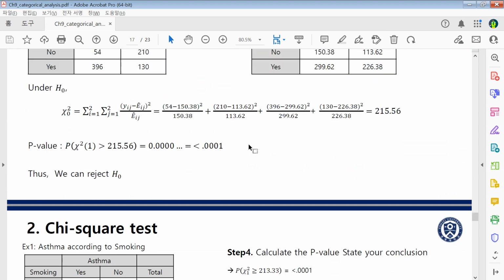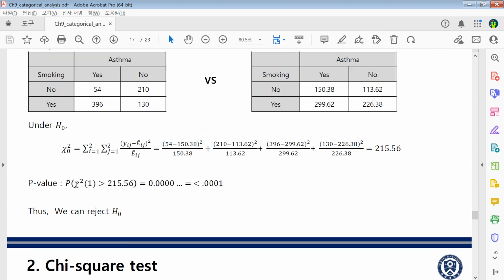So this is the reason why we use the chi-square distribution with 1 degree of freedom. And this is why we get the p-value by finding the probability that the chi-square distribution is greater than our own test statistic.